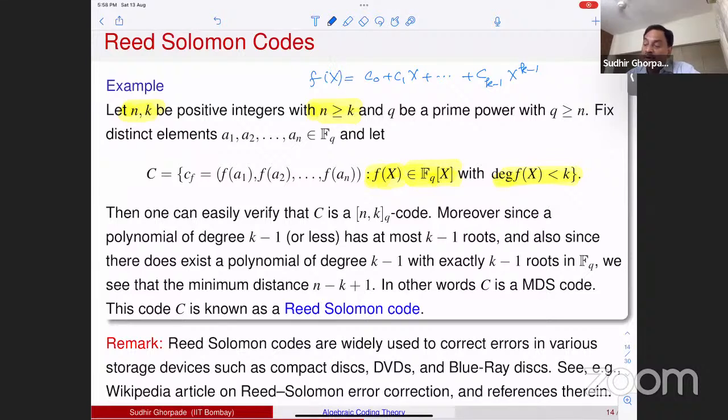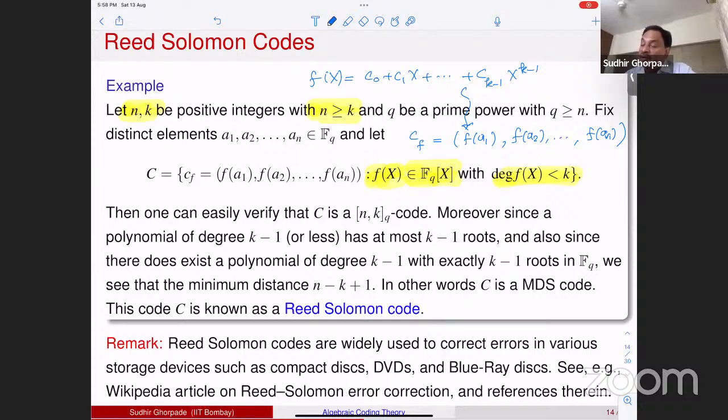And now, to such a polynomial, I associate an n-tuple. I call it c_f. How do I do that? I evaluate that polynomial at different points. I take a point a1, a point a2, they're all in F_q, and I substitute them. So f(a1), f(a2), ..., f(an). So this is how I define it.